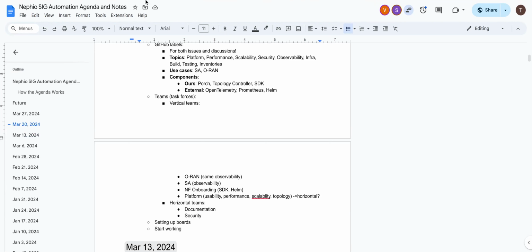If we feel that's set in stone, we can set up the labels for it and everything on GitHub, and maybe start organizing people who would like to be on the teams, tentatively or fully committed. We can figure that out.